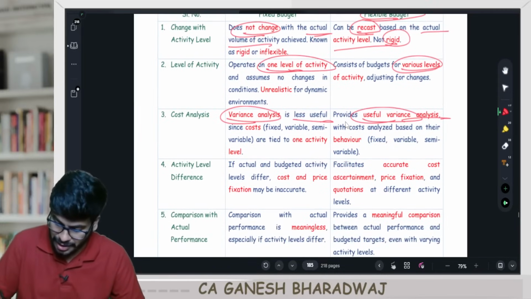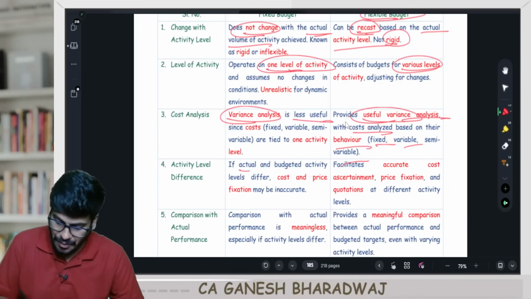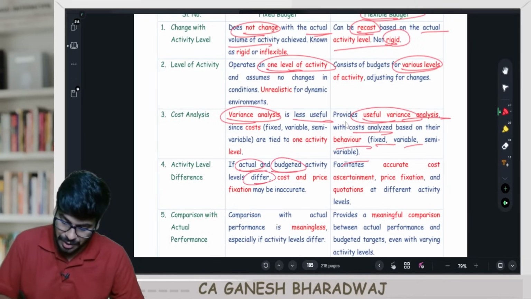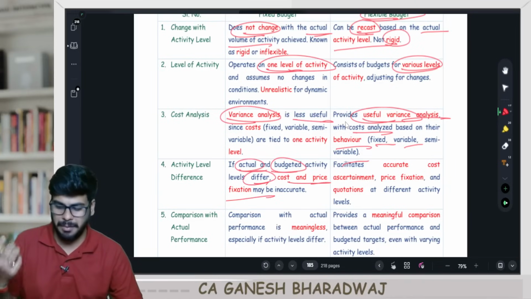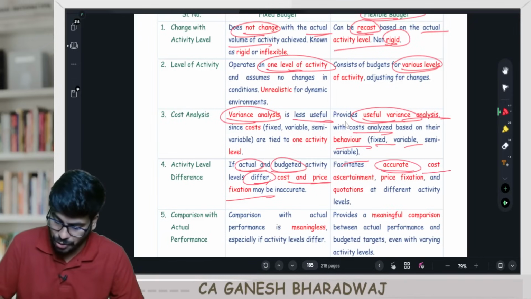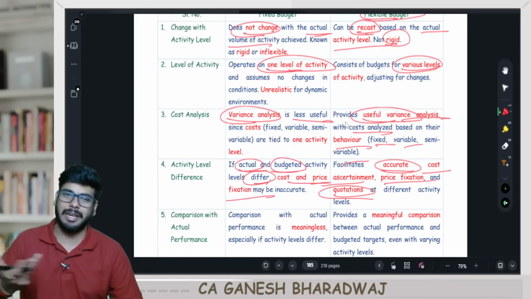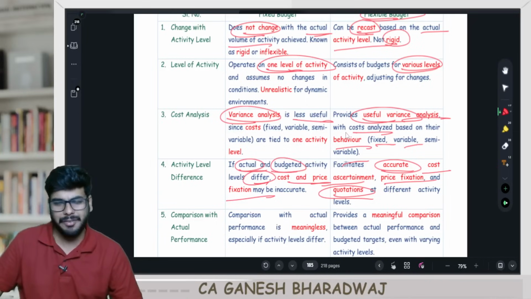Look at this. Cost behavior pattern is analyzed: fixed, variable, semi-variable, all of which I told you. Activity level: if the actual and budgeted levels differ, the cost and price fixation may be inaccurate. Whereas in this case, it facilitates accurate cost ascertainment, price fixation, and quotations at different activity levels. Why? Because for different activity levels, I can prepare a budget.